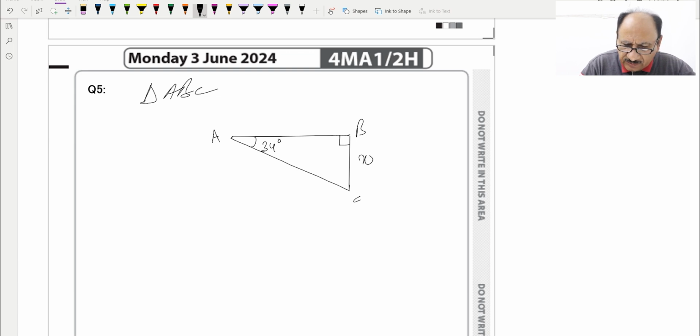This side is x centimeters, and this side is 6.5 centimeters. Work out the value of x. So x we need to calculate.